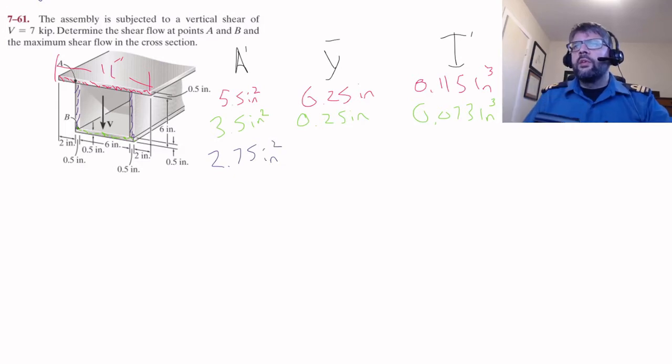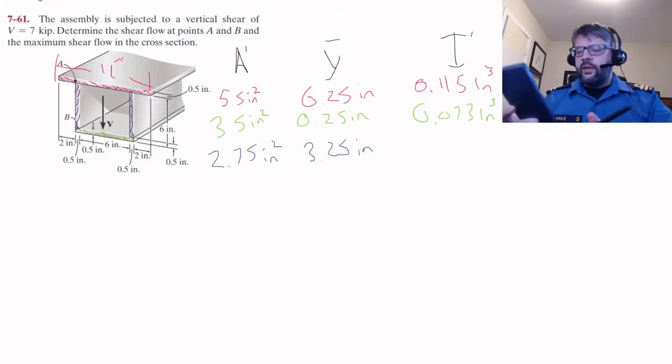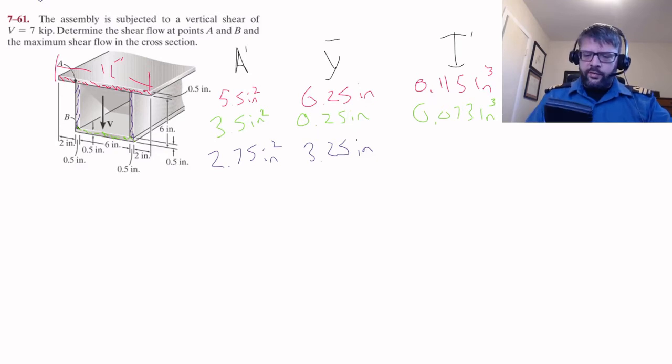Its Ybar location, 5.5 inches divided by 2 plus the 0.5 inches from the base there, that'll give us 3.25 inches. And then its I calculation is 5.5 inches to the third times 0.5 inches divided by 12.